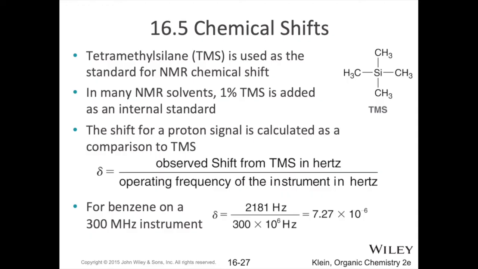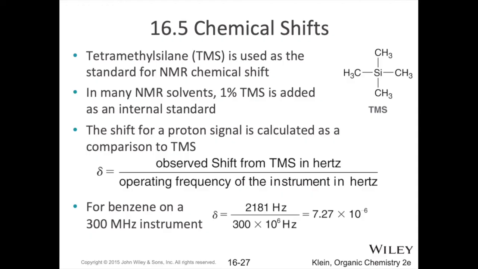So in order to standardize this, instead of giving the answer directly in hertz, we instead give it as a ratio to the operating frequency of the machine. So based on the strength of your magnet, this operating frequency also changes. And by dividing by it, we get a standardized value that we call the chemical shift.